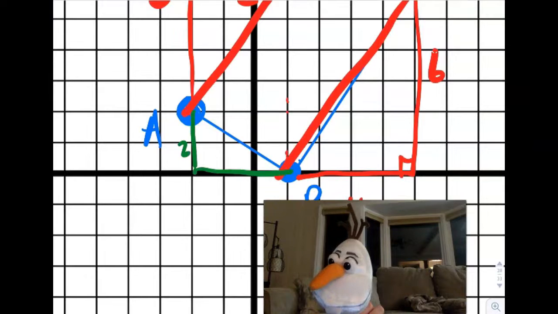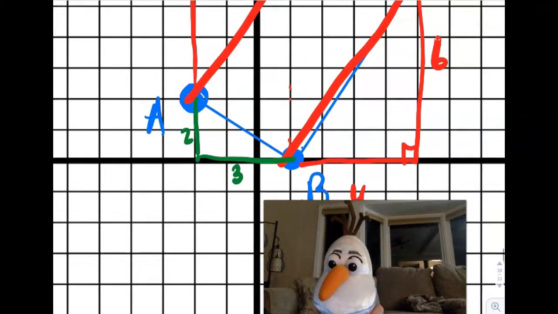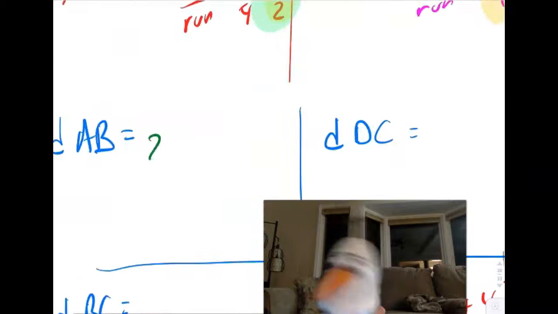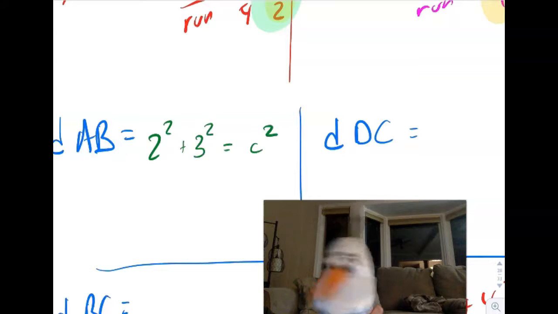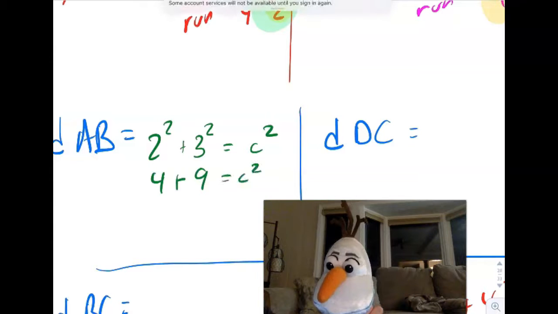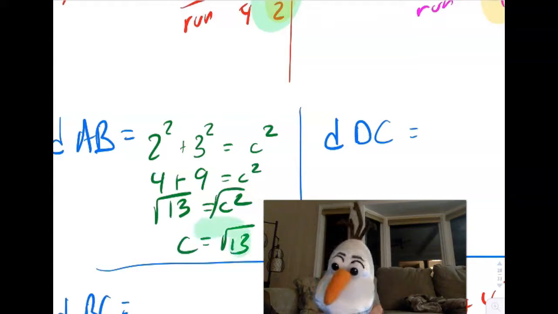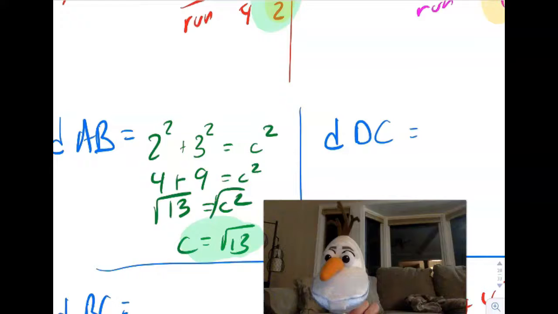Here you have a side of 2 and a side of 3. So then I go to AB and I say 2 squared plus 3 squared, and that's 4 plus 9, which means that c becomes just radical 13, which can't be broken down any further.